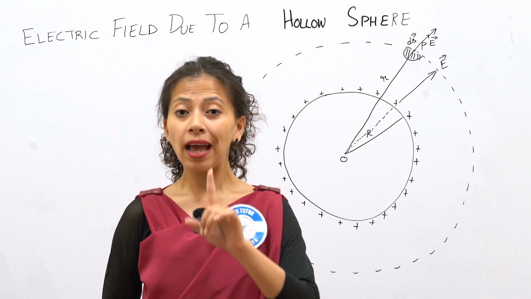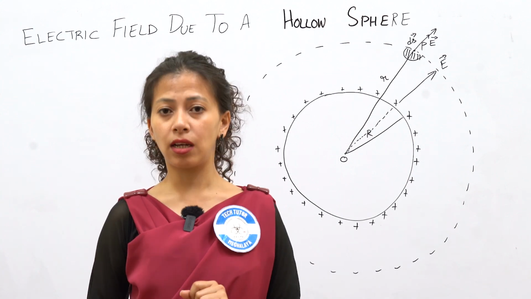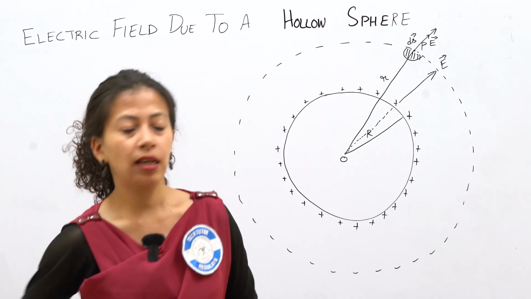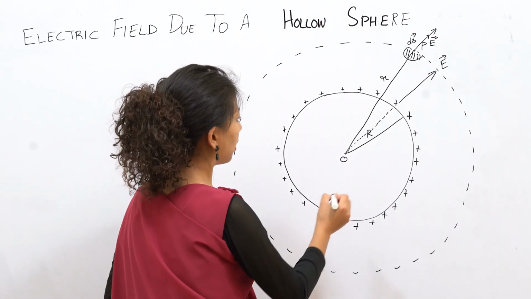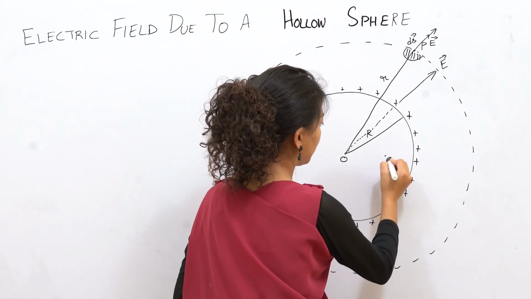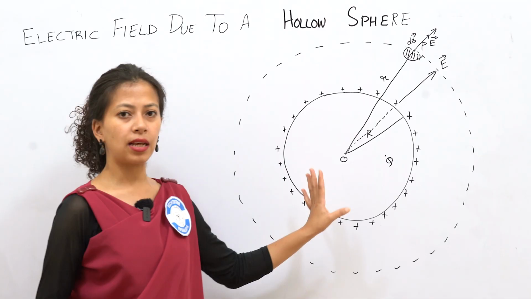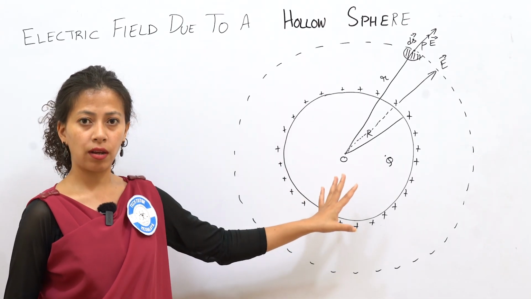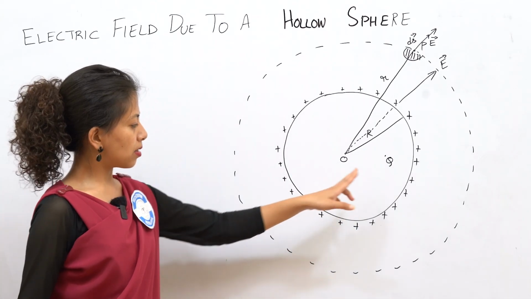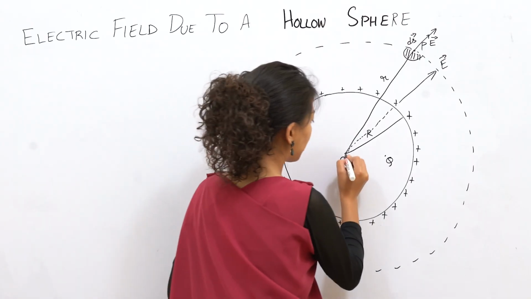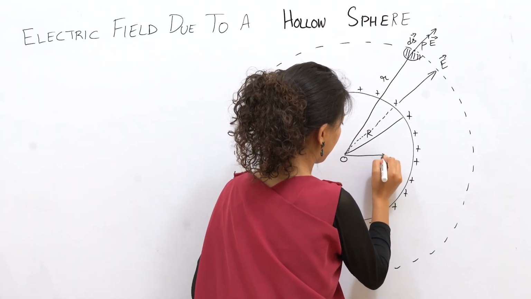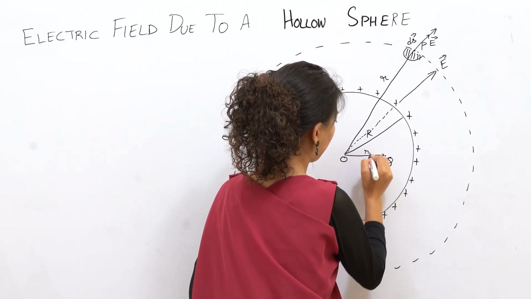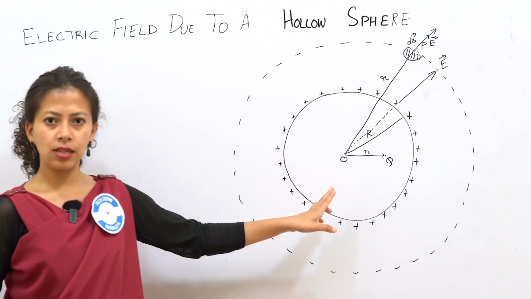Now let's do it for any point inside the hollow sphere. Consider a point, let's say a point Q, inside the hollow sphere, and let this point be at a distance R1 from the center of the sphere.